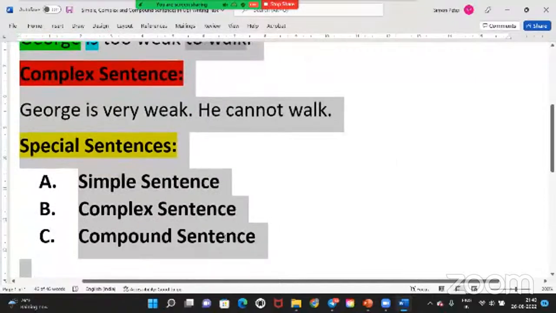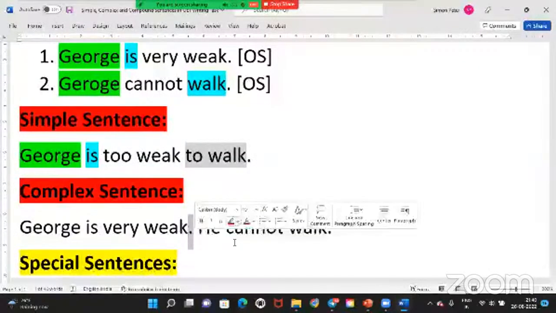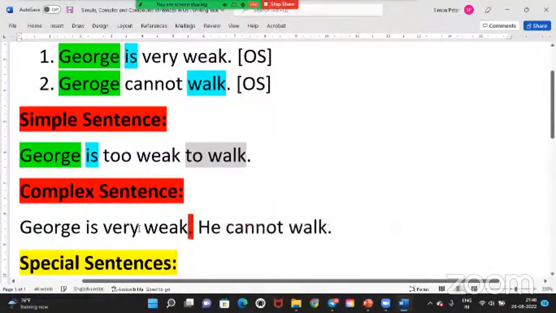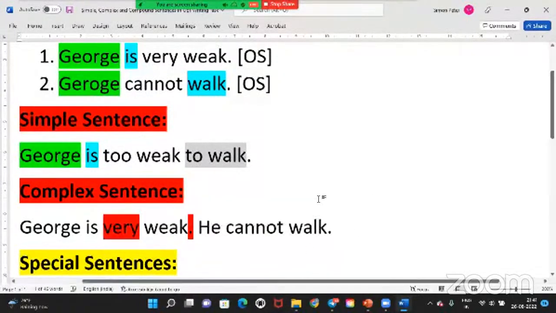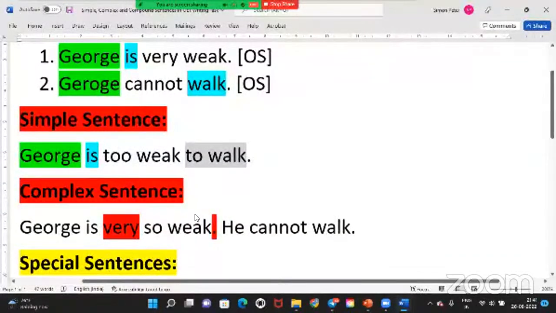First thing is you have to remove this full stop. This is removed, number one. George is very weak. So instead of very, we are removing very and we are putting so. George is so weak.